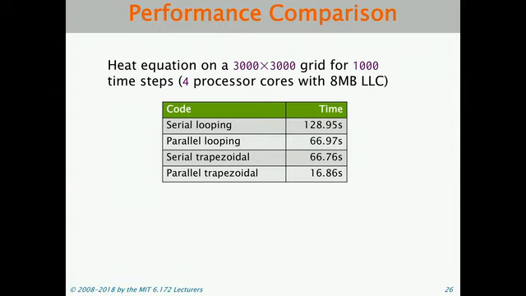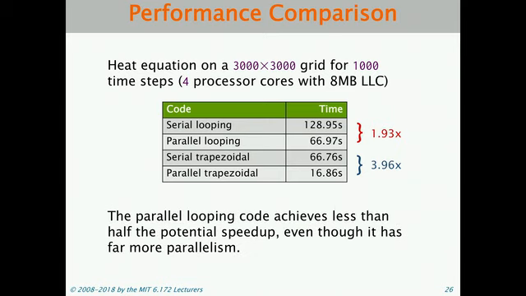For the trapezoidal code, it actually got a better speed up when we increased the input size. So it got about a factor of 4 speed up. And this is because for a larger input size, the cache efficiency plays a much larger role because the cache is so small compared to our input size. So here we see that the parallel looping code achieves less than half of the potential speed up, even though the parallel looping code has much more potential parallelism than the trapezoidal code.